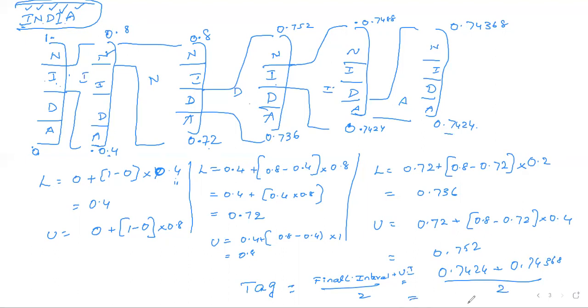So the final interval tag is 0.74304. Okay, 0.74304.